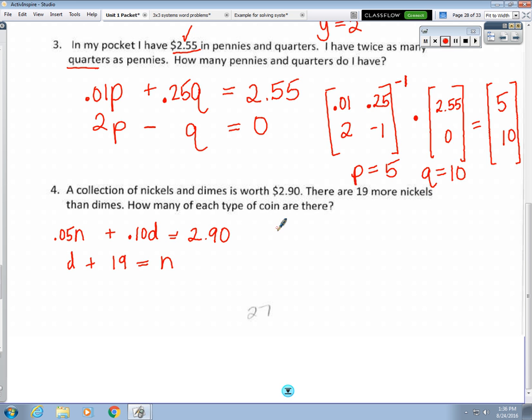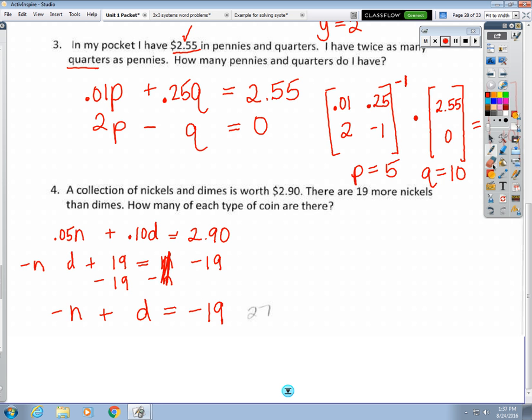Okay, now, before we can put it in a matrix, what has to be done? Subtract the n. Okay, the n has to go to this side, way over here, so it's currently positive, so I'm going to subtract it over there. And then what else has to be moved? The positive 19 belongs on the right side of the equation, so I'm going to subtract it over there. And so now my new statement is a negative n, a positive d, and then equals a negative 19.